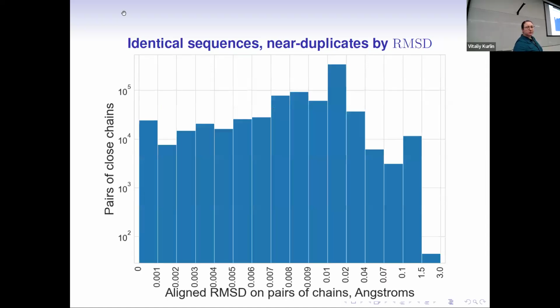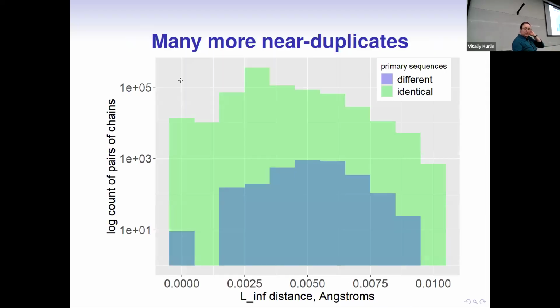For identical sequences, it's also quite interesting why they coincide so well for such flexible structures. Maybe that's correct, but some exploration might be needed. Well, why is it important?